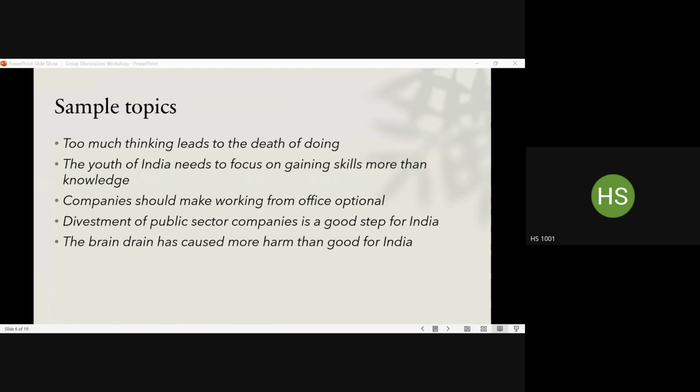Okay? Usually, this topic will be considered a general topic. Do you know why? Because it is referring to very specific steps. Because they have already said it's a good step, which means they have already taken it into consideration, so it's a general topic, ma'am. It is given here as a general topic, but why?